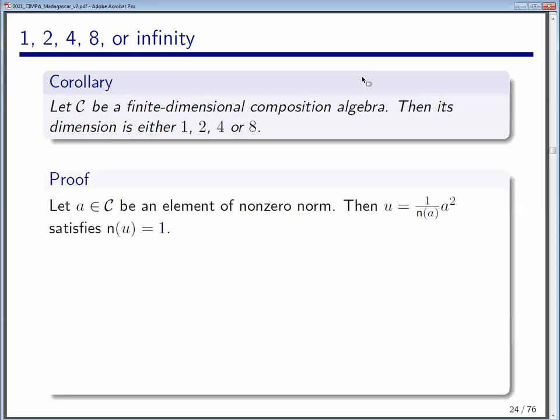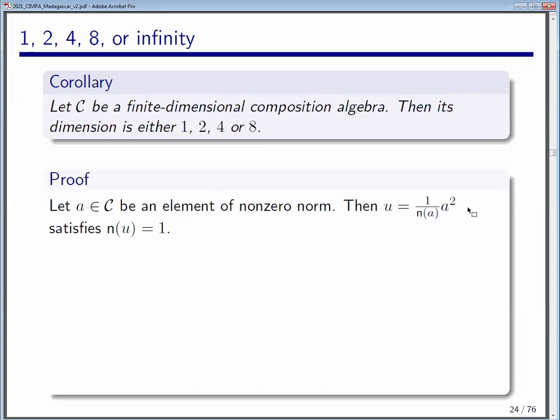And this is quite nice. Well, so we start with a composition algebra C. And we take an element of non-zero norm. The norm is non-degenerate, so there are elements with non-zero norm. So we have this element a. Now take the element u, which is a squared divided by the norm of a.